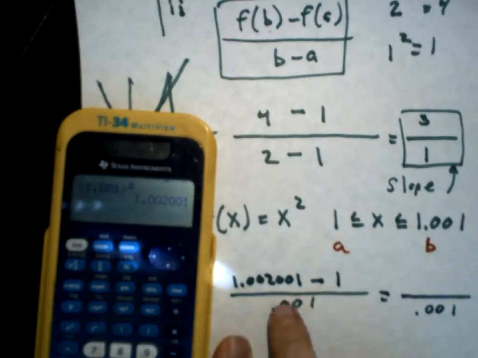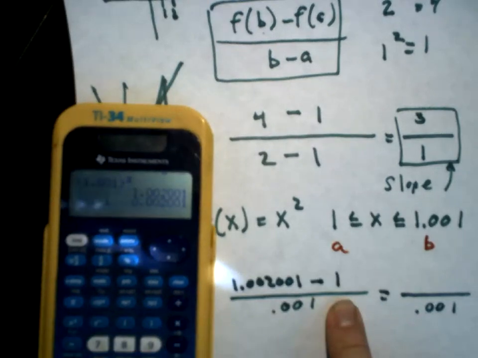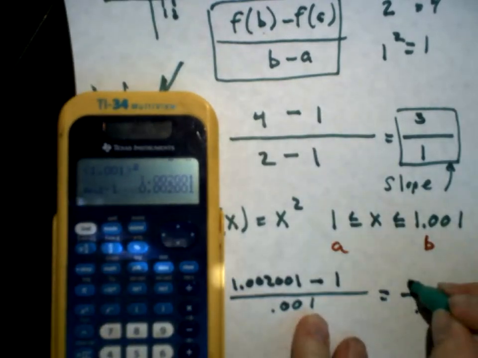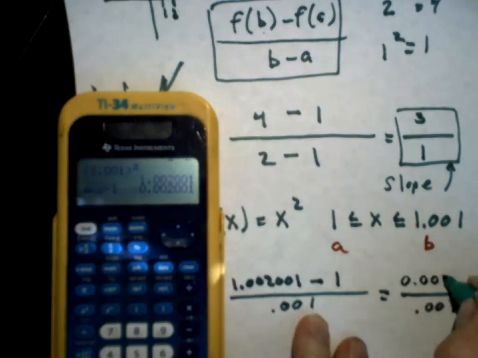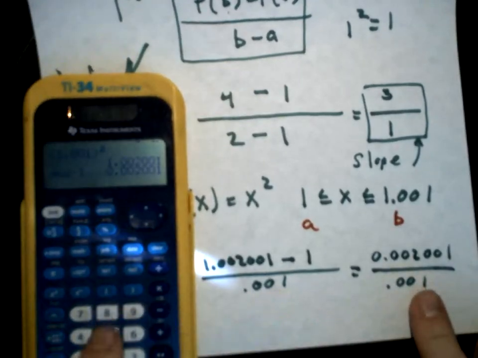So what is that going to be? Well, if you can't do that, just hit subtract 1, and it's that number there. So that's going to be 0.002001. Now, take the calculator and do all this.